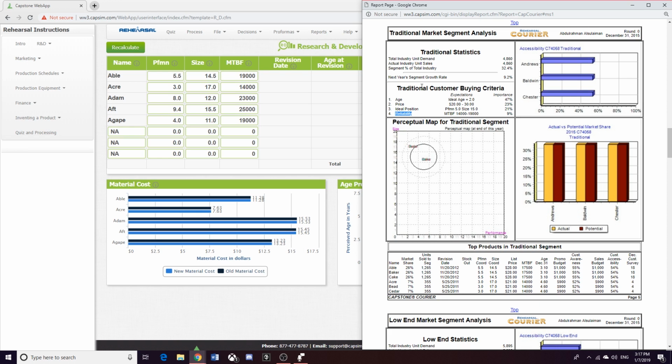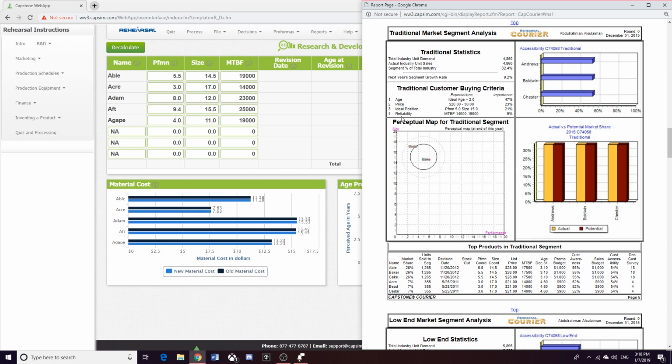Reliability in here, in the traditional customer buying criteria, tells you that your product needs to be between 14,000 and 19,000 to get 90% of the customers. And if you put it at 19,000, that means that you have the highest MTBF, and your product is more likely to be the best in terms of quality and reliability, I mean.